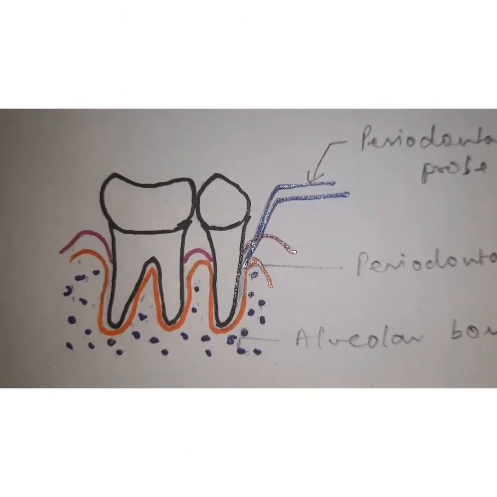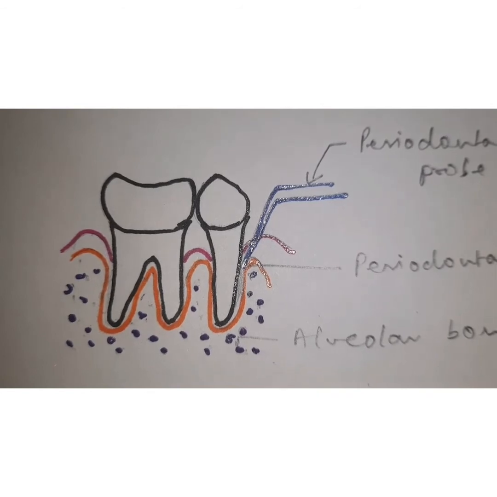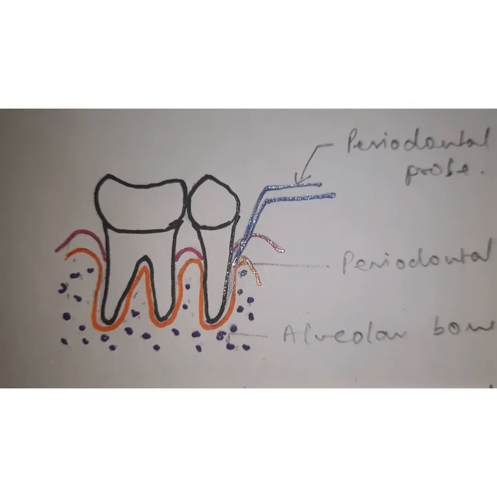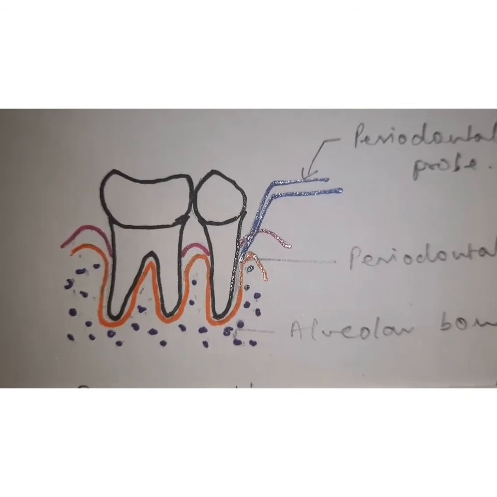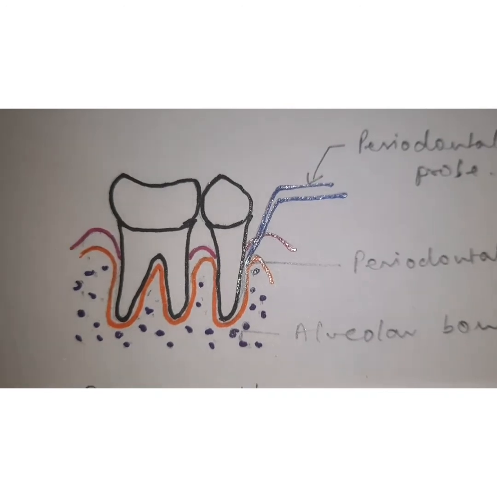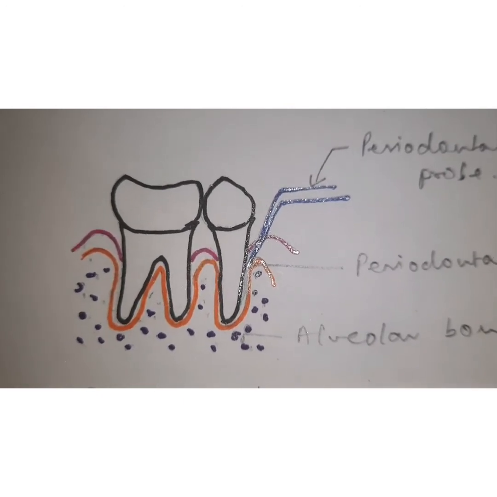Now whenever we are diagnosing and making a treatment plan for fixed partial dentures, assessing the periodontal status of the teeth, the remaining teeth, especially the abutment teeth, is very important.